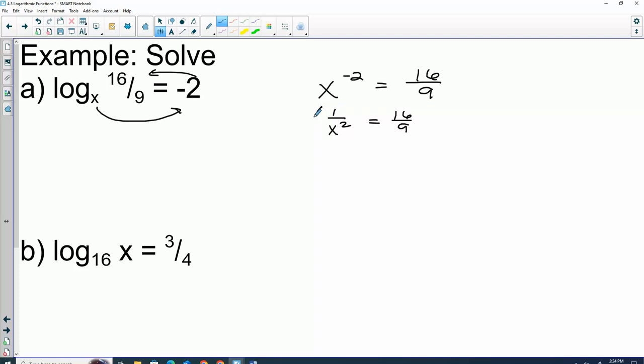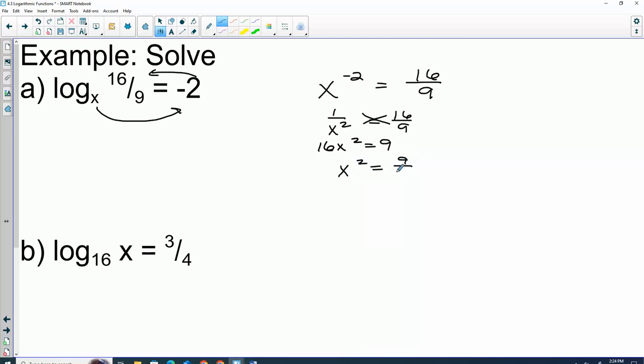So you said to make it a negative. So basically undo where we're at because you don't like having the x on the bottom. Let's talk about some of our different options. One option, if we just stuck with where we're at, could we cross multiply? So then we would have 16x squared equals 9.